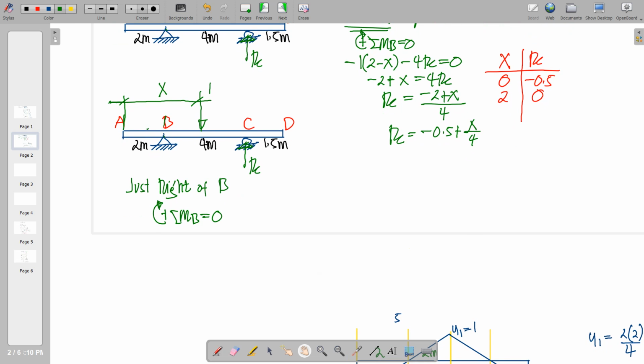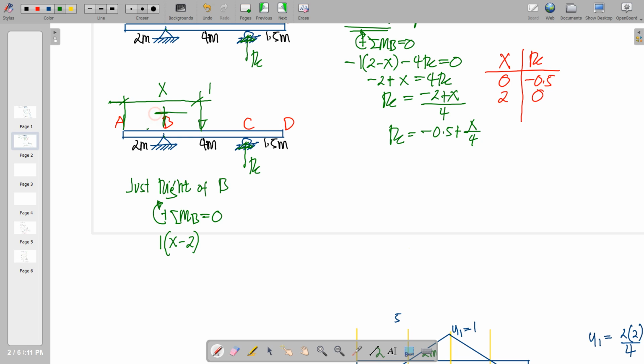The 1 will now have a positive rotation. So that will be 1 times, what is this distance? That is x minus 2. So x we deduct 2.